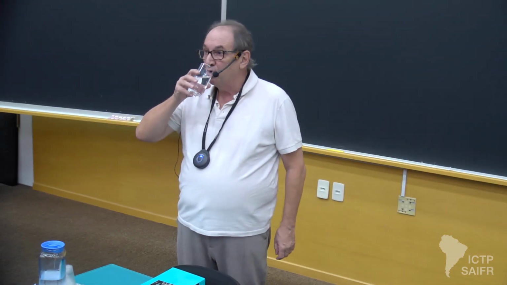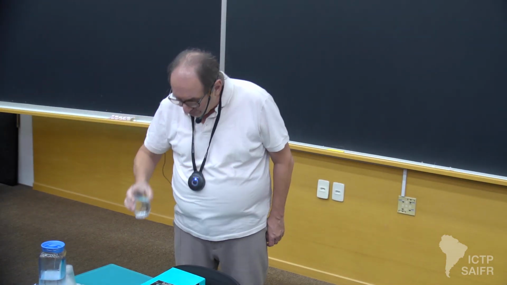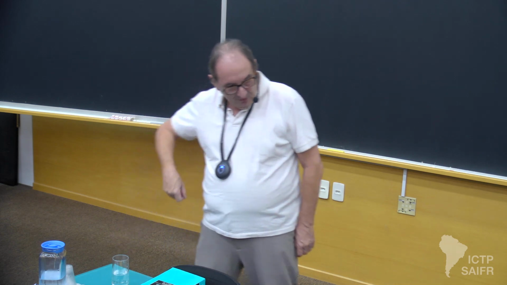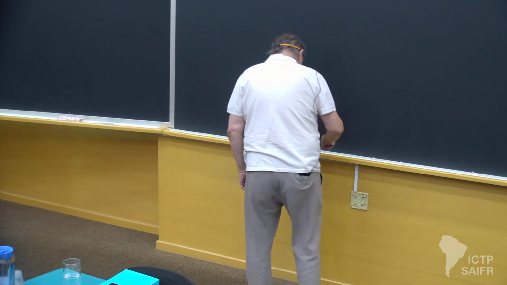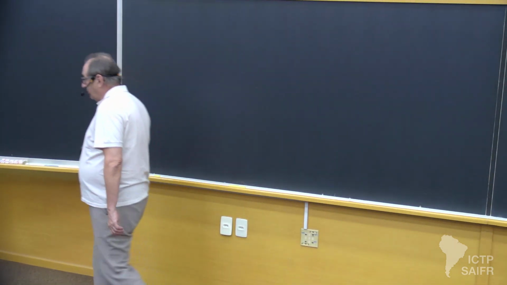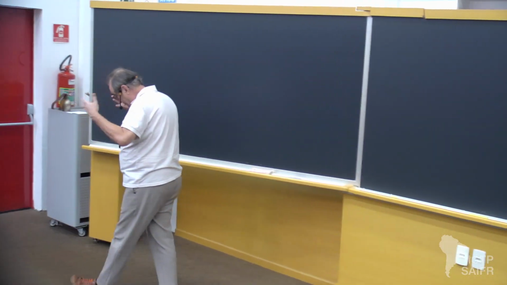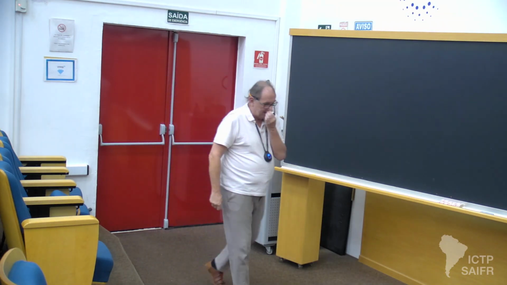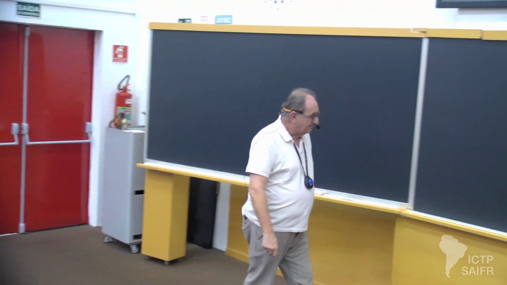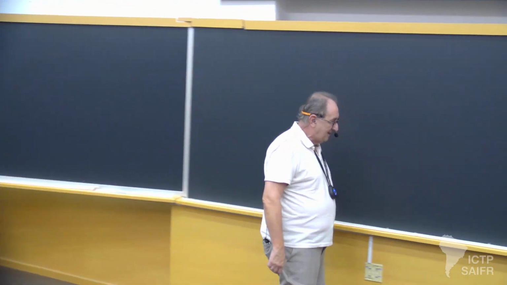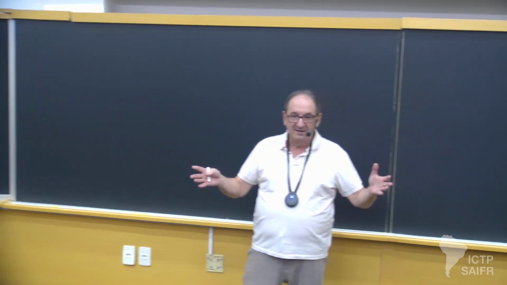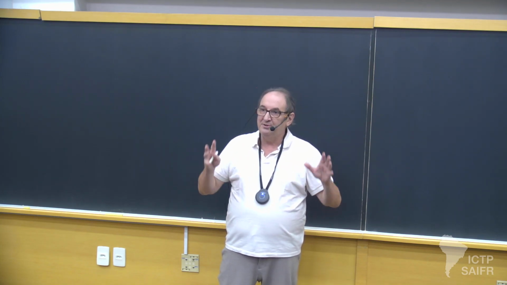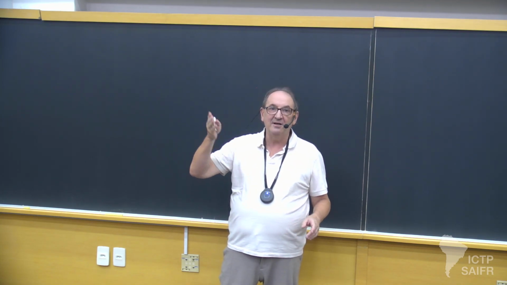So let's take further steps on the models that we are developing. Let me briefly restate what we did yesterday in terms of models. We built the first model, the SIR model.